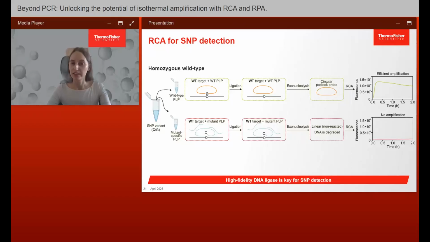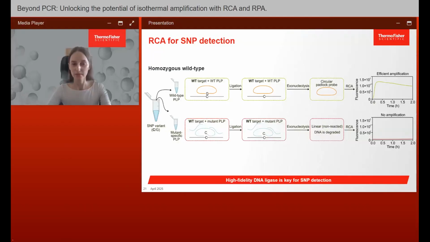Because the ends are perfectly matched with the target, DNA ligase joins these ends into a closed circle. Any unligated linear DNA is then removed by exonucleases 1 and 3, and the remaining circular DNA is amplified via Rolling Circle Amplification, RCA, and reaction products can be detected using molecular beacons, CRISPR-Cas detection systems, nucleic acid stains, and more.